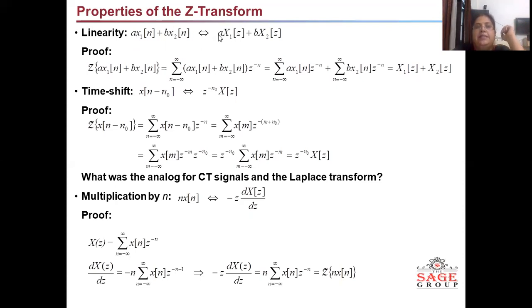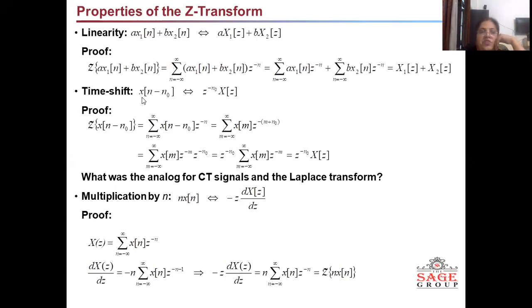Then x1[n] has the Z transform X1(z), and x2[n] has the Z transform X2(z), multiplied by the coefficients. We have proved this property by taking the Z transform of the left-hand side, and the left-hand side has been shown equal to the right-hand side.